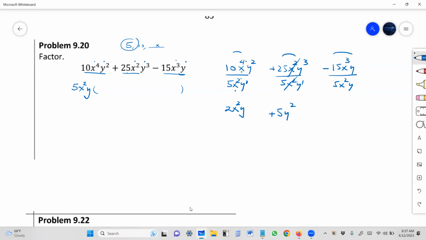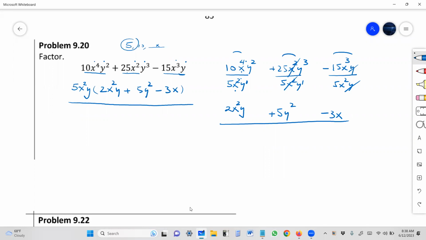Minus 15, third expression, minus 15 divided by 5, minus 3. x cubed divided by x squared, x to the 1, or just x, right? 3 minus 2. And both of these y's cancel. So this is my answer after the division. This is what you're going to write inside of the parentheses.